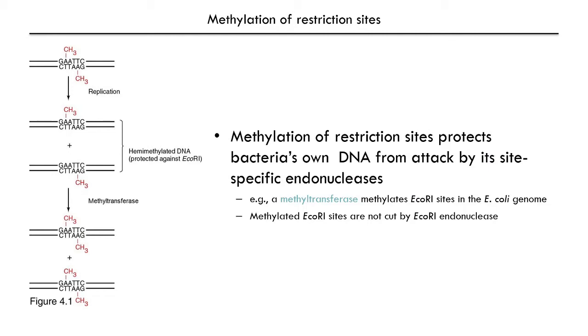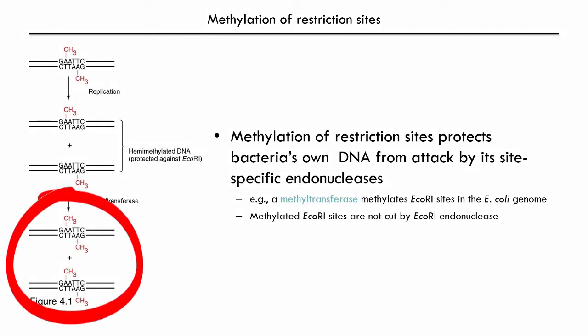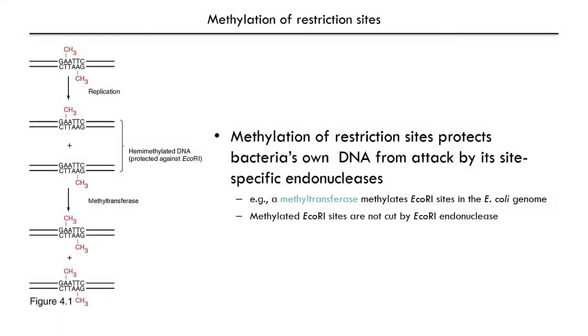After DNA replication, methyltransferase adds a methyl group to new daughter strands, which results in a methyl group on both strands. So when the DNA replicates again, one strand in each replicated DNA will always be methylated. And this system keeps the bacterium's own DNA protected from its own restriction enzymes at all times.